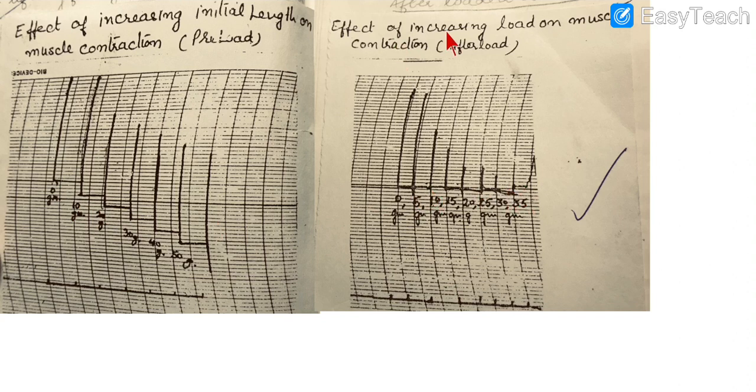So this is effect of increasing load. So for the preload we are looking for the effect of increasing the initial length on the muscle contraction. In this one, effect of increasing load on muscle contraction, though the length remains the same, initial length remains the same, right? There is a difference, like say in the isometric and isotonic contraction.